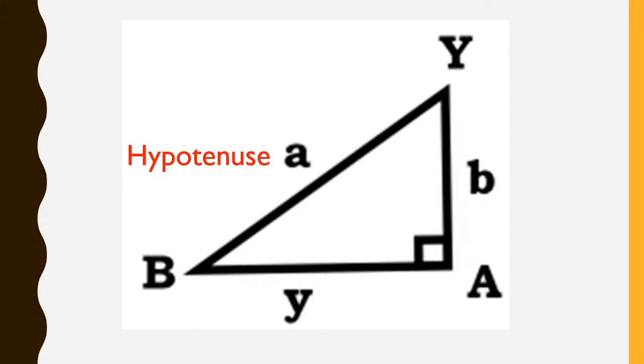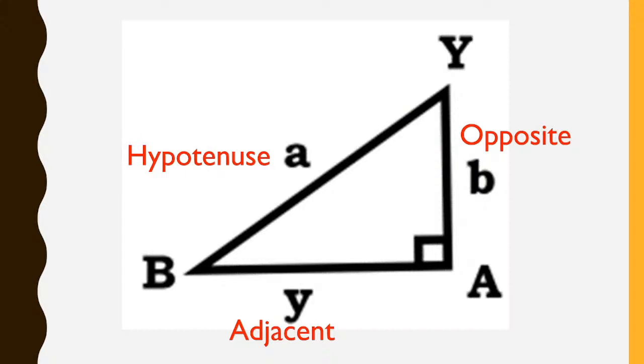Which side is opposite angle B? That is right. Side B is opposite angle B. Finally, which side is adjacent to angle B? Very good.